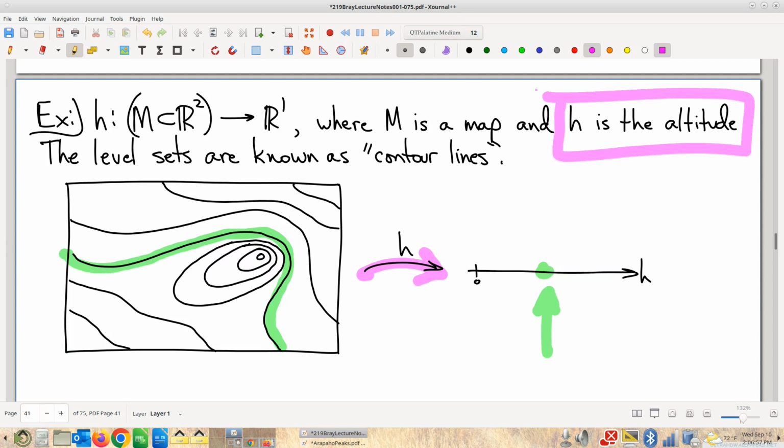You give me an x and a y, H tells you what is the altitude at ground level at that point. So it's a different way to think about contour lines and topographical maps. It's just giving you a bunch of different level sets of the altitude function.